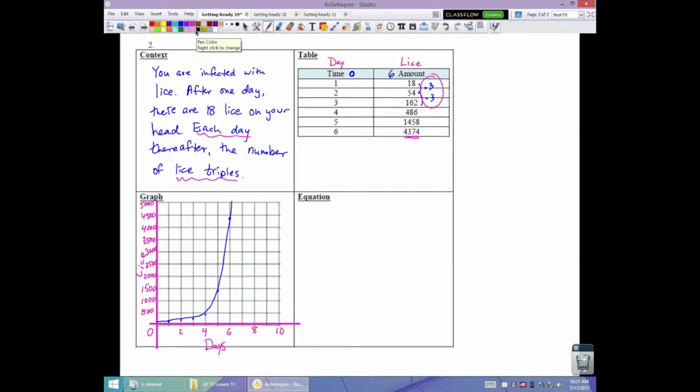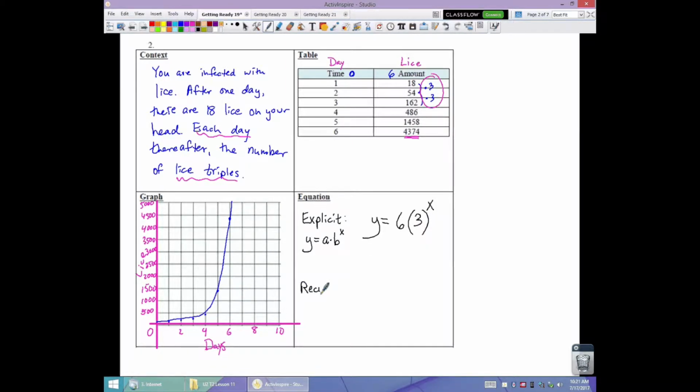Again, equations, it doesn't say what kind, so we'll do both. The explicit equation would need to be, since it's exponential, in the form y equals a times b to the x. So that would be y equals that 0th term that we just identified, 6, times b, our multiplier, a common ratio of 3, and then to the x power.